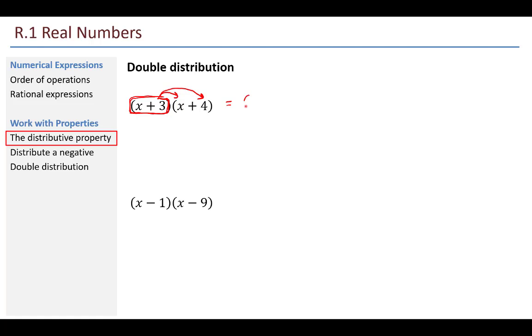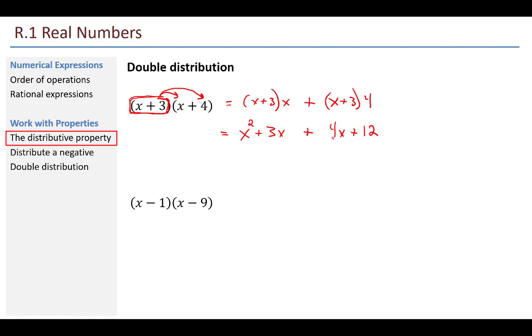And so I end up with x plus 3 times x plus the quantity x plus 3 times 4. And now here's the second distribution. I need to distribute the x times x plus 3. I get x squared plus 3x plus, now distribute the 4 across x plus 3, 4x plus 12.